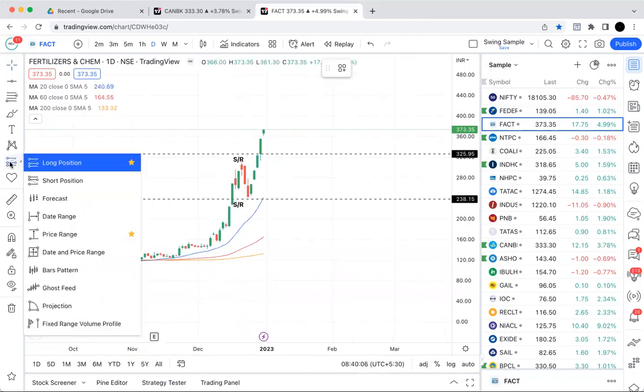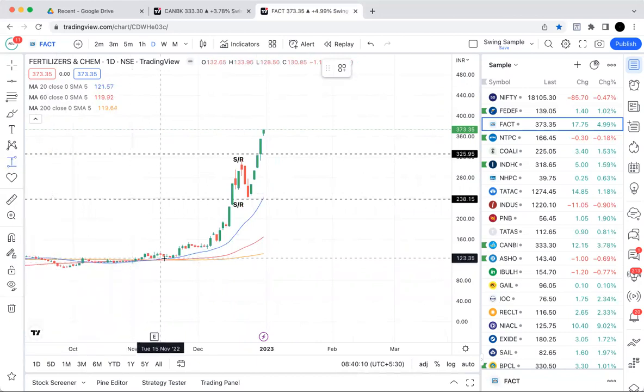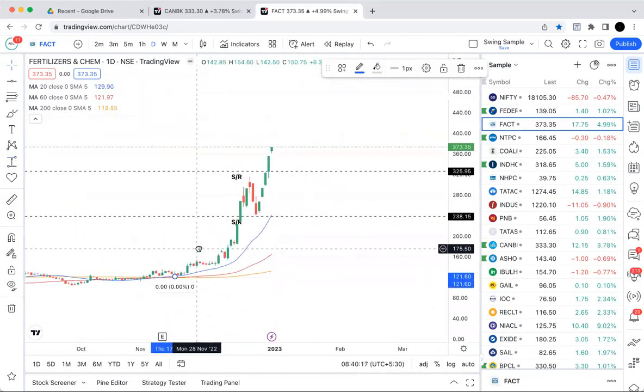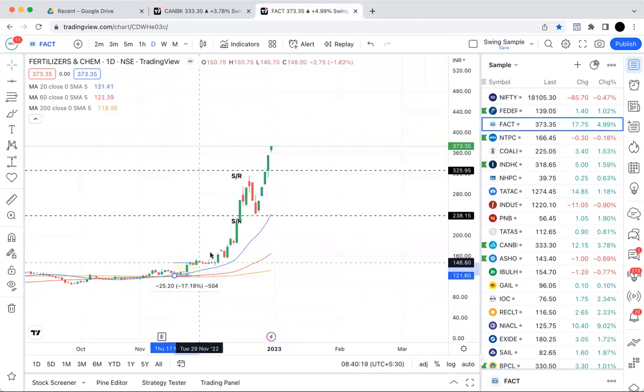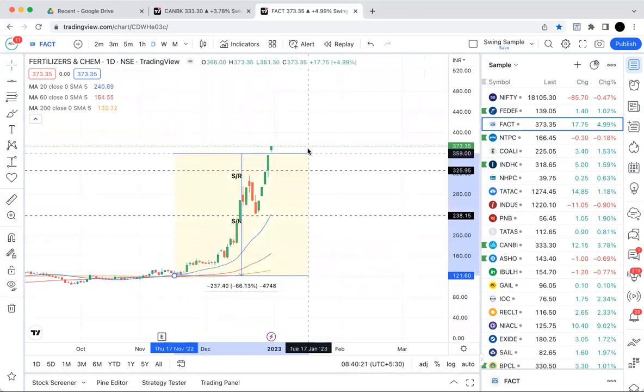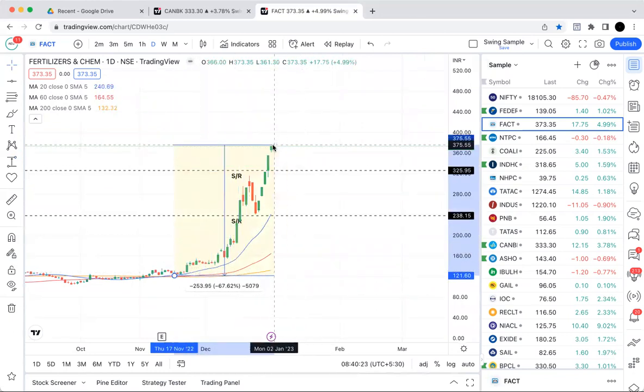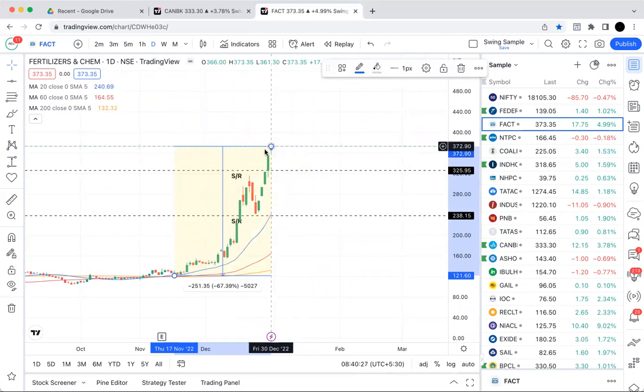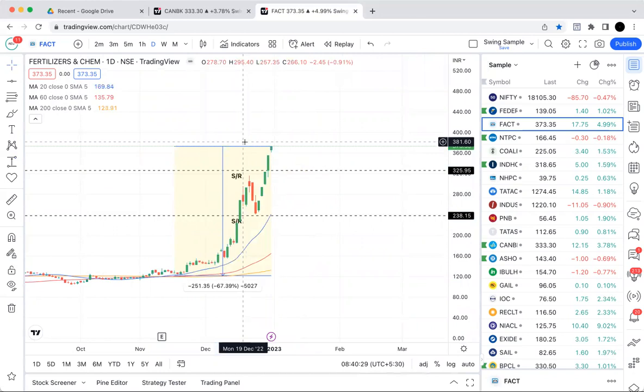How much would you have gained if you entered right at that point and exited last Friday? Let's see what the beginning of that is.